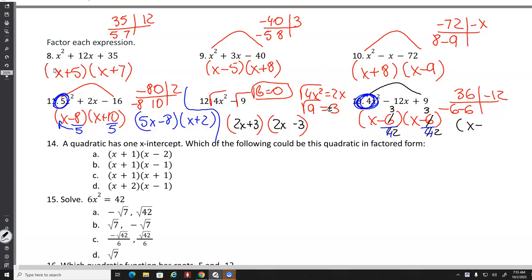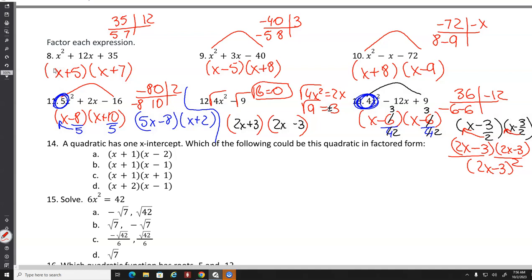Okay, so x minus 3 now divided by 2, and x minus 3 divided by 2. Now, since 3 does not divide by 2 anymore, now I can shove it up in the front. Okay. So it's going to be 2x minus 3 and 2x minus 3. I can also write it as 2x minus 3 squared because these two factors are identical.